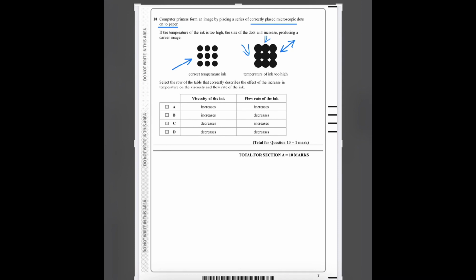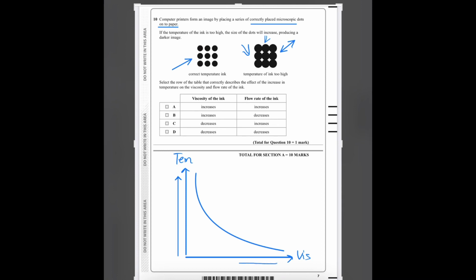Select the row of the table that correctly describes the effect of an increase in temperature on the viscosity and rate of flow of ink. So we have a graph of viscosity against temperature. You guys need to memorize it. Temperature and viscosity are basically inversely proportional. So when the temperature increases, the viscosity actually decreases.